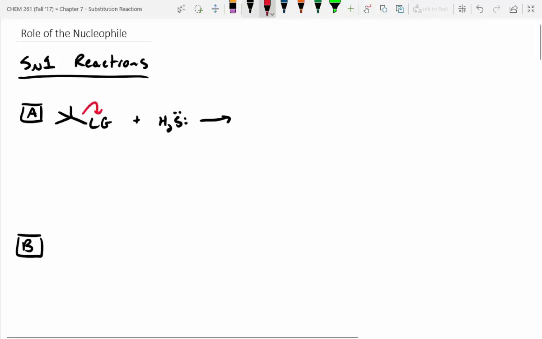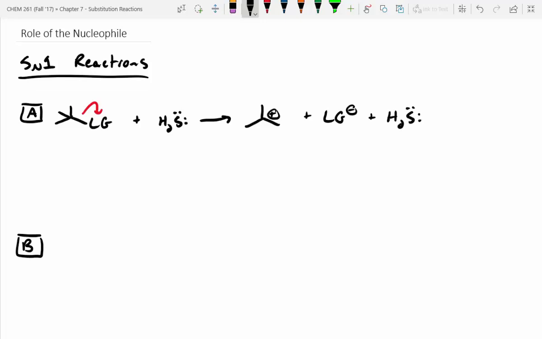Leaving group jumps off. So our leaving group has a negative charge. We still have our sulfur around. Okay, as you can see, we've got a tertiary carbocation, which means this can do SN1.